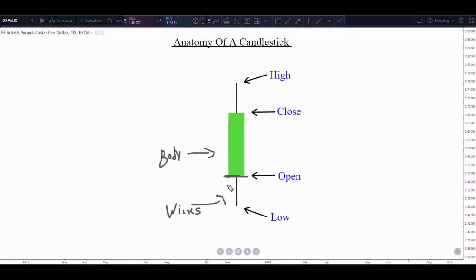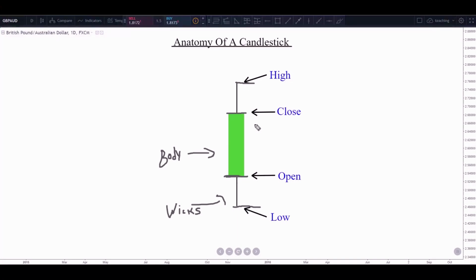And as I said, we have 4 major parts of a candle. We have the open, the low, which is the lowest point that the market got to during this particular time frame that the candle represents. We have the high, which is the opposite of the low. It is the highest point that price action got to during this specific time frame that this candlestick represents, and then the close at the end of whatever time frame this candlestick represents.